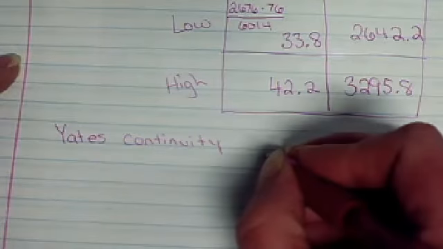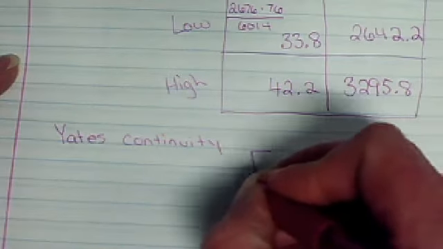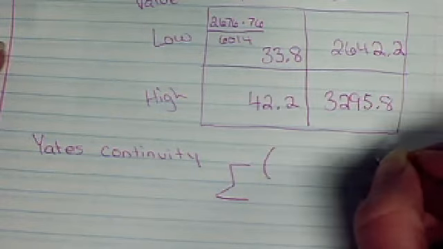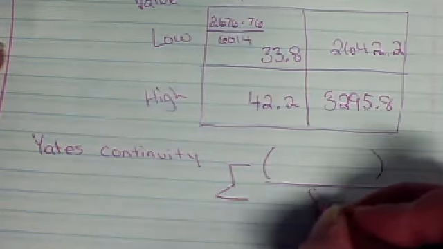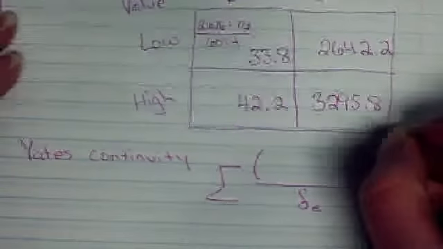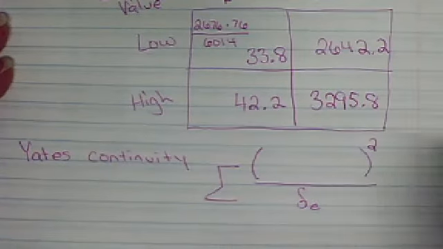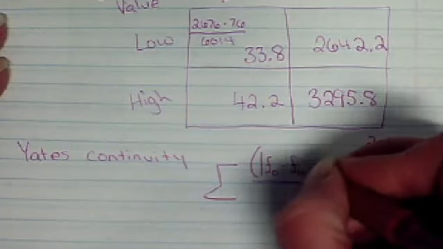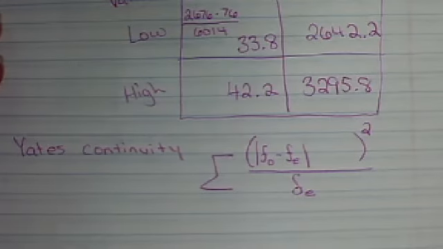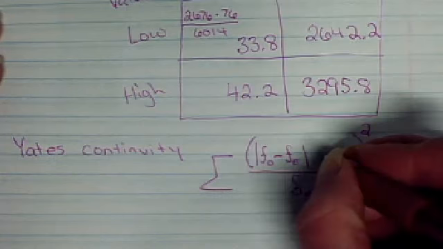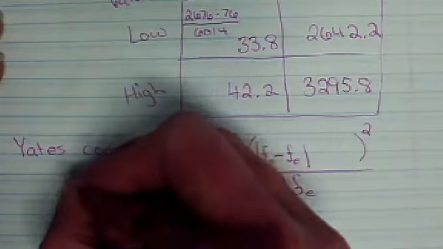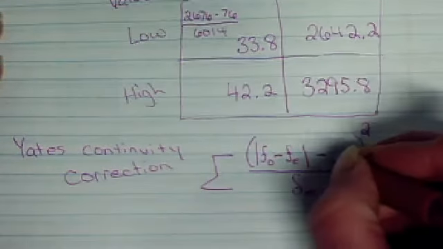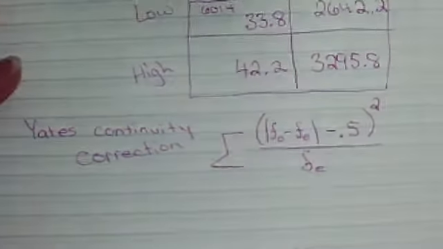The formula for Yates continuity: you still have your summation, and you're still dividing by your expecteds, and you're still squaring, but we take the absolute value of the difference between my observed and expected, and then there's this adjustment, the Yates continuity correction, which is to subtract 0.5 from that difference.